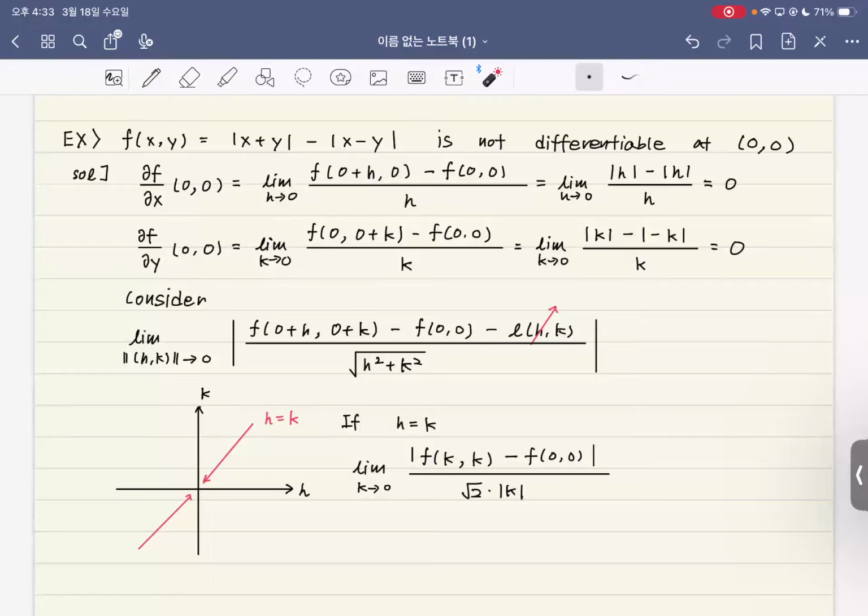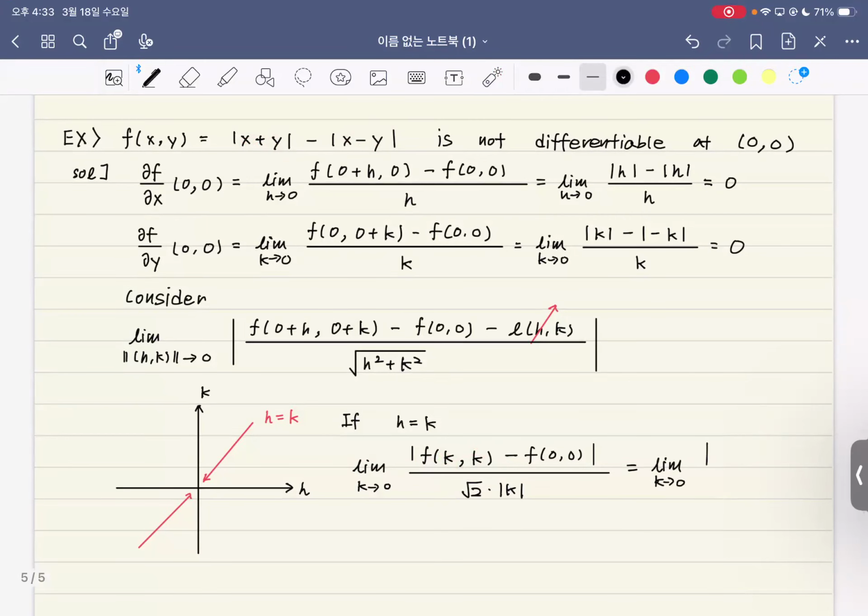And this is k minus k. So this is the limit as k goes to 0, and I plug these two numbers into the x and y's, and we have the absolute value of 2 times k.